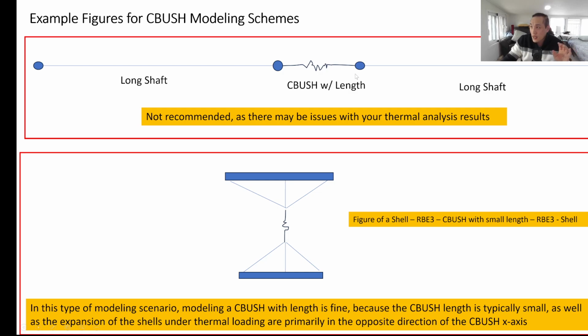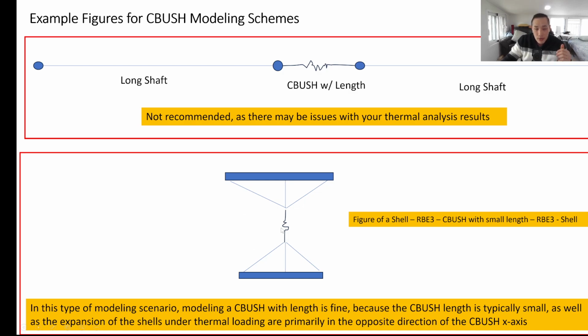This may impact your thermal analysis results, and basically, you don't want to model CBUSHes with length in this manner. I'll go over in some more slides later why this can impact your thermal results negatively and erroneously.